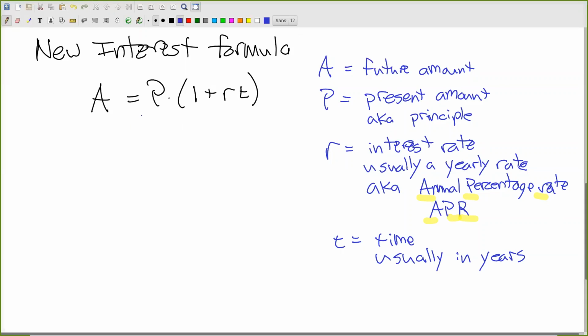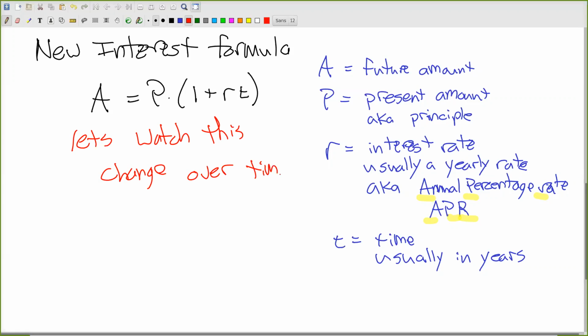Now what we're going to do is watch this change over time. So I put some money in an investment account. Maybe it's a certificate of deposit like you read about in the prep, but it could be a lot of other things.